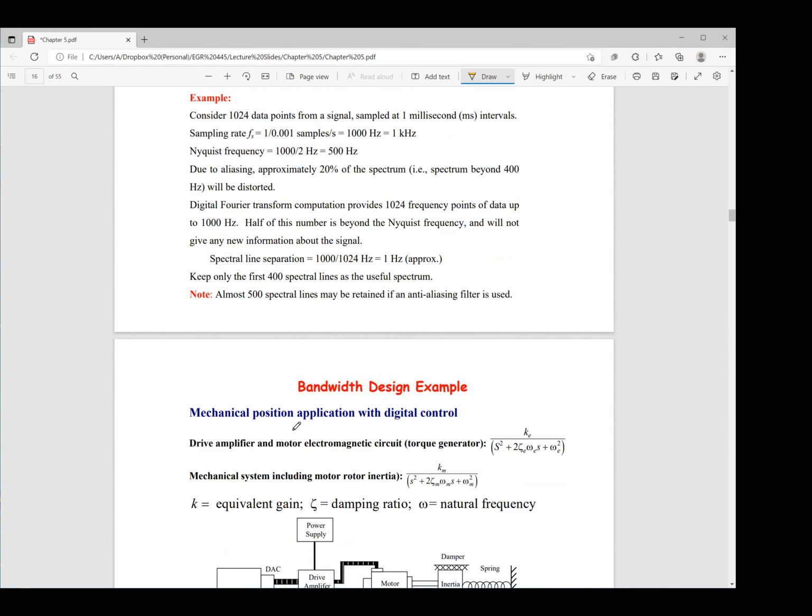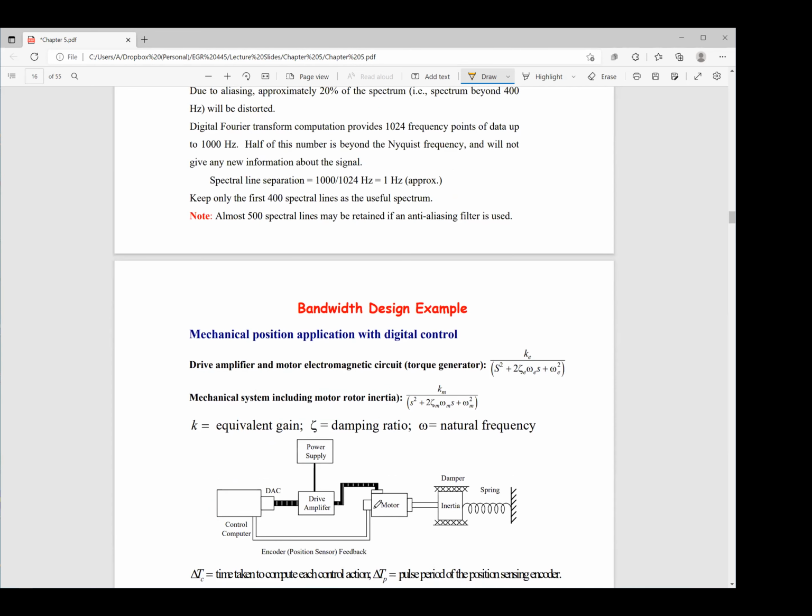Let me quickly go through what we are going to discuss in this chapter. If you want to design a system for a particular bandwidth, please try to understand we have control over the damping parameter, we have control over gain, and we have control over the natural frequency.